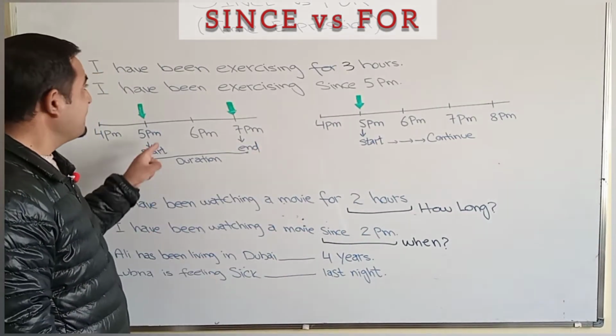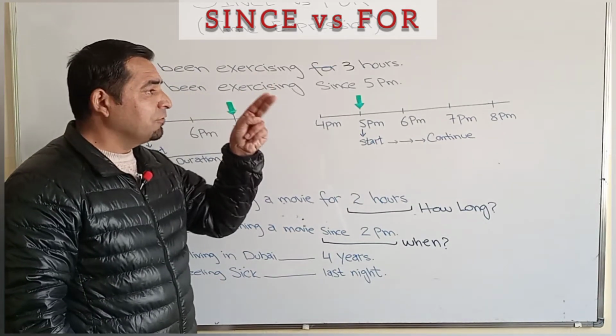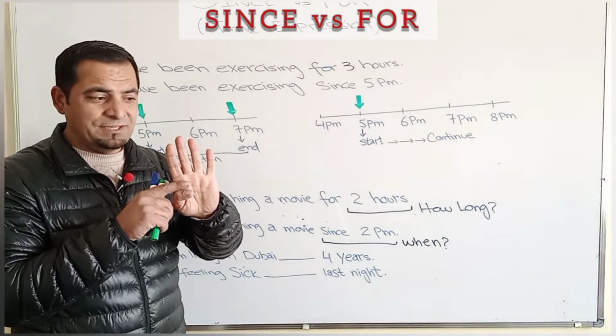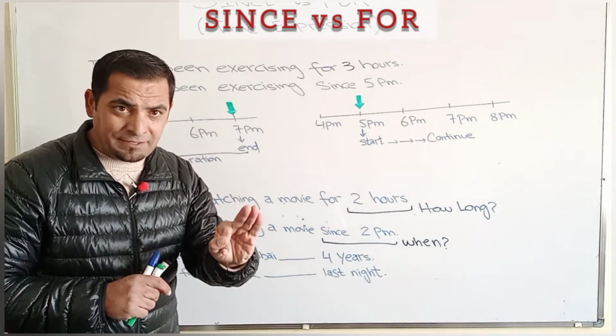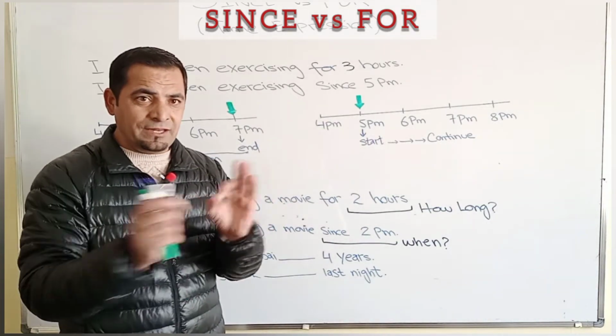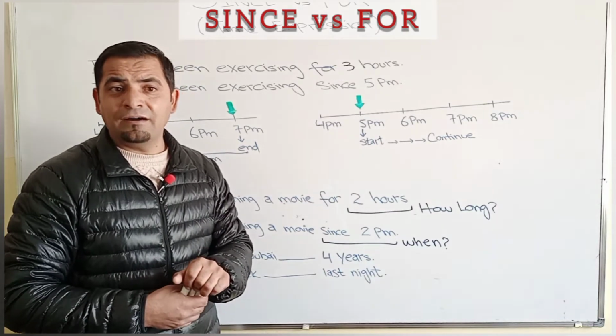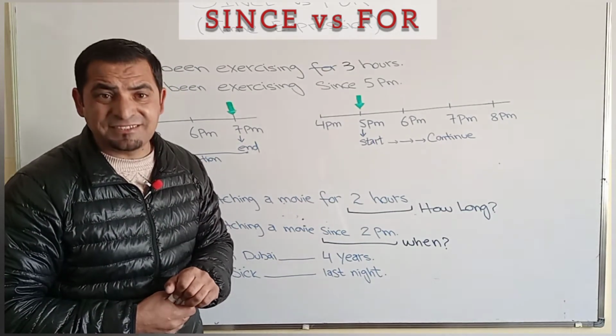And then the first sentence, I've been exercising for 3 hours. It means that I know the beginning, I know the ending, so that makes me calculate the total duration of the time I've spent in the gym exercising.